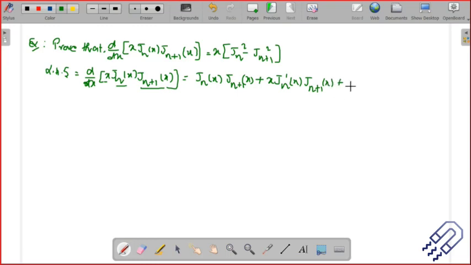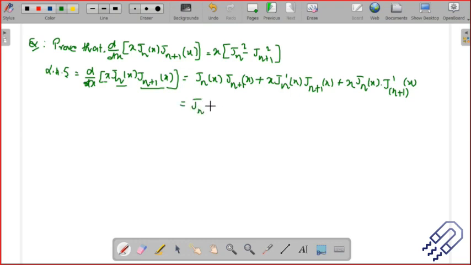And then finally the third term: x and Jn(x) will remain outside and I will differentiate Jn+1, so Jn+1 dash x, done.